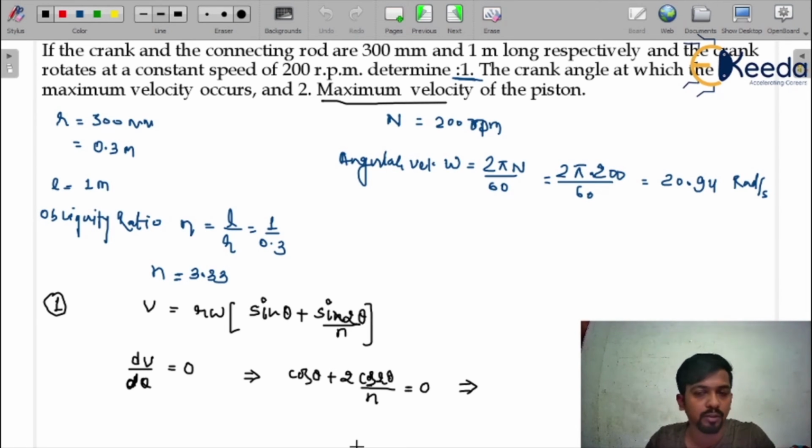In the first part of the question, it is asking for the crank angle, that means theta, at which the maximum velocity occurs. How can we calculate the angle? We all know that V is equal to R omega times sin theta plus sin 2 theta by n. Sorry, this is sin 2 theta by 2n.